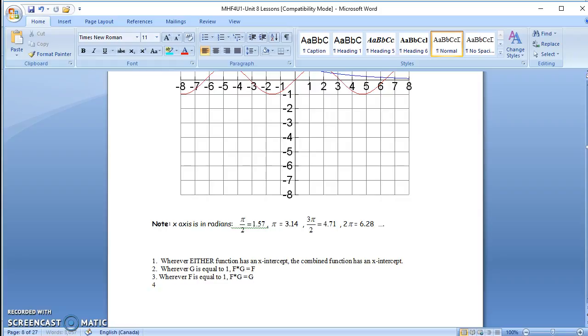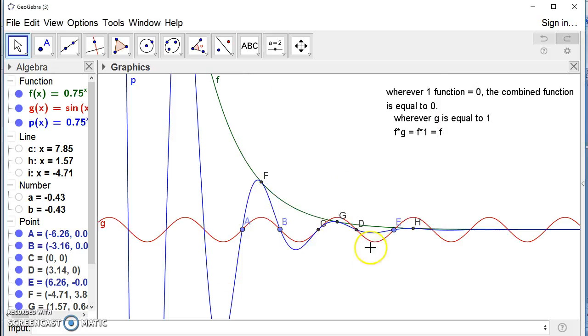You can expand this if you want. You can say wherever g is equal to -1, f times g is equal to -f, so it's like it's flipped over. But if you just remember these 3, that's sufficient to enable us to draw this function.